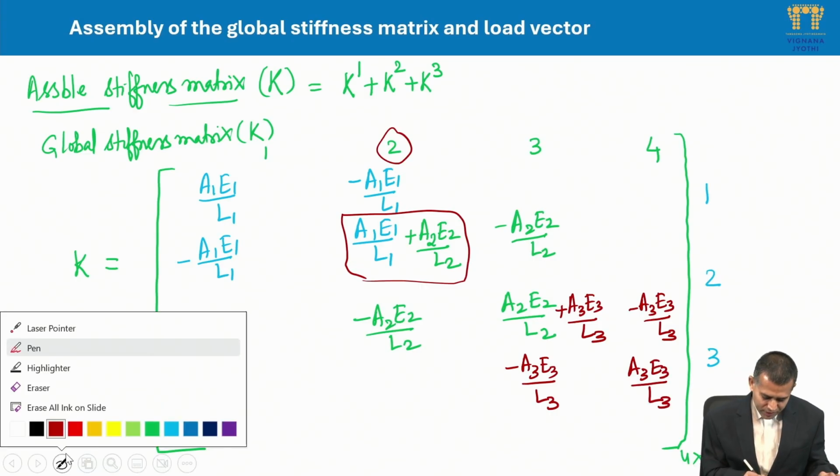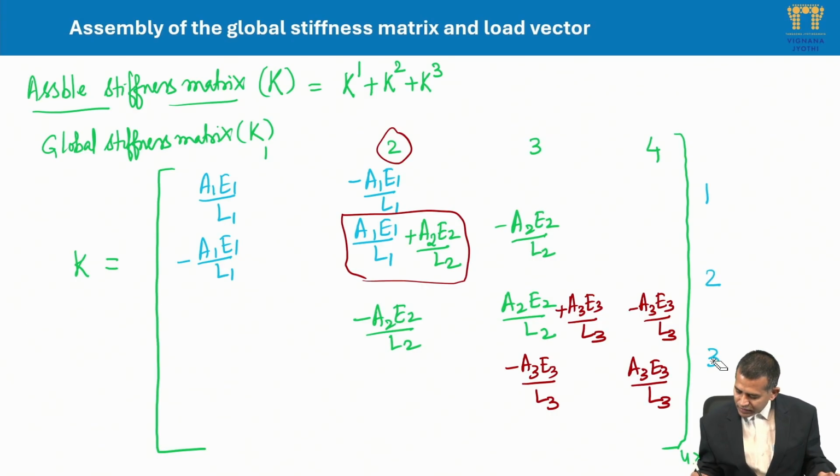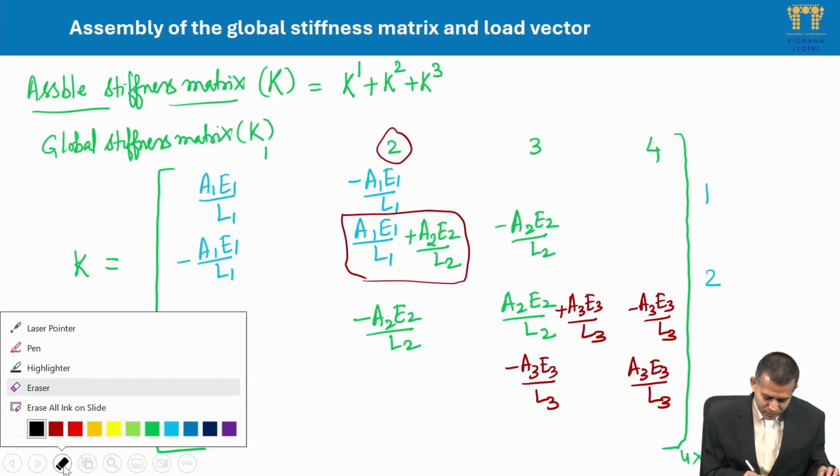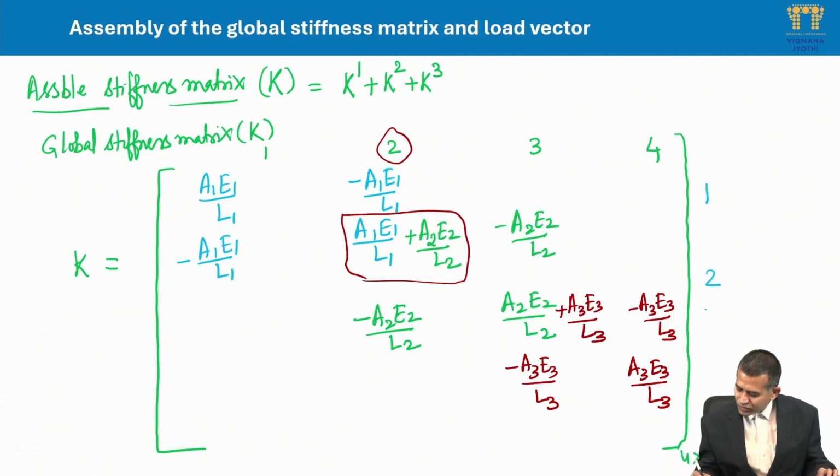A small change I will do. Erase, this is not 3. So let me put it as, so this is 3 and 4.